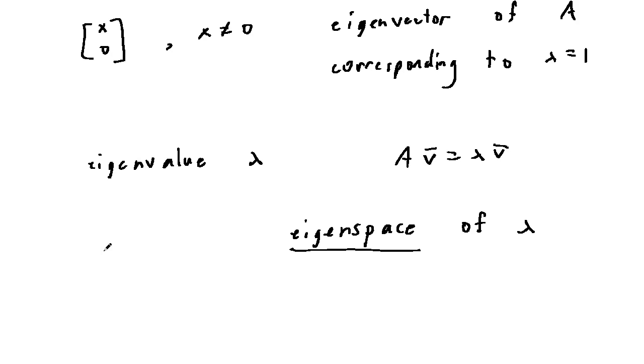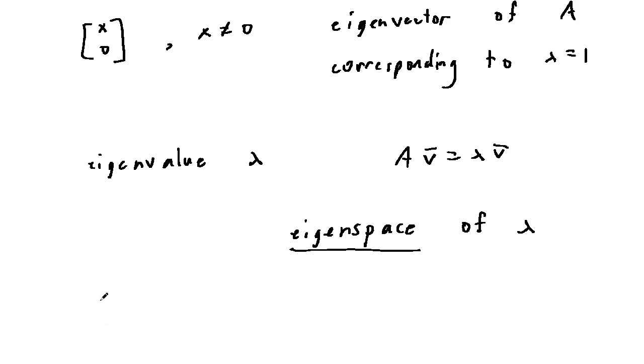Okay. In our example, the eigenvectors corresponding to lambda equals 2 are all the non-zero vectors on the y-axis. If we include the 0 vector, the set of all vectors on the y-axis is the eigenspace of lambda equals 2.